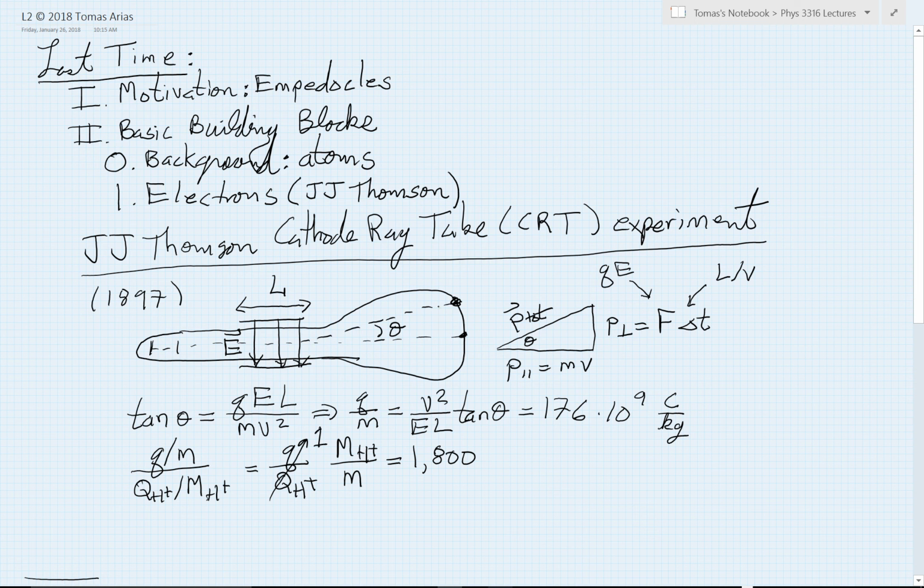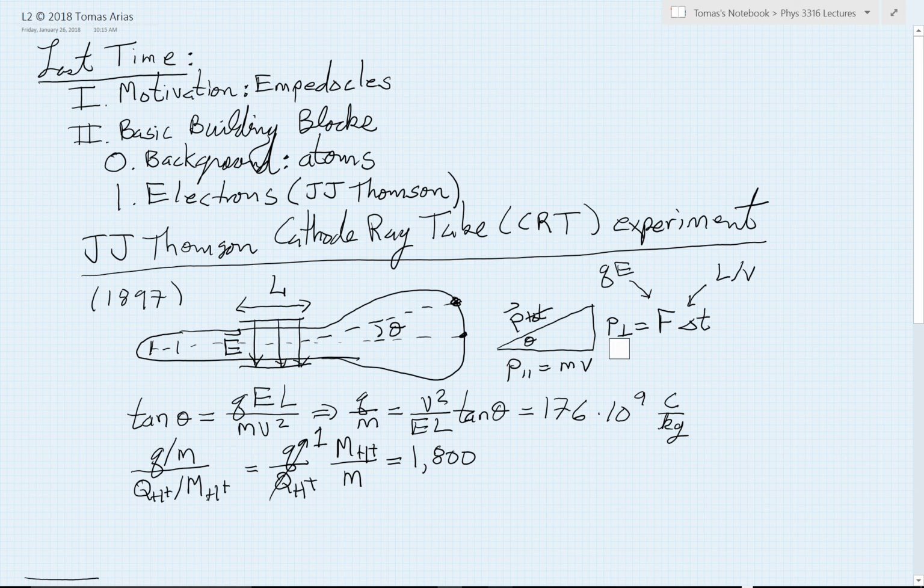Now, the mathematical analysis for this was a simple momentum analysis. We looked at the total momentum of the emerging particles, which was their initial parallel momentum, the mass of the particles times their known velocity, which was determined by using a magnetic field. I refer you to the previous lecture for the details on that. Then we reasoned that the particles feel this upward force, so they pick up a perpendicular momentum component.